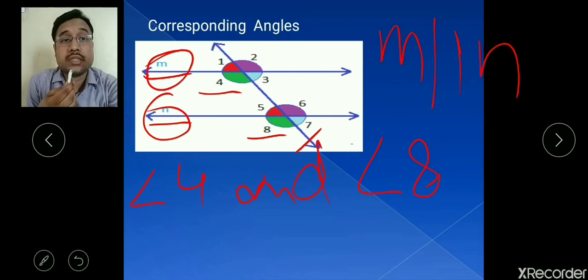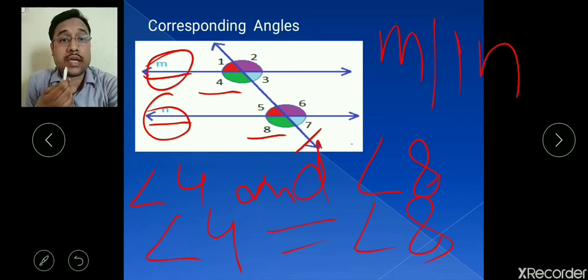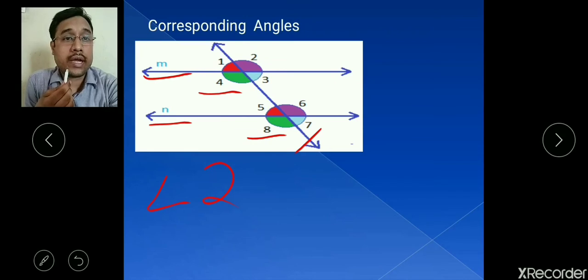That means in that case angle 4 is equal to angle 8. Each and every corresponding pair of angles is equal in that case. Same way, angle 2 and angle 6 are also equal.